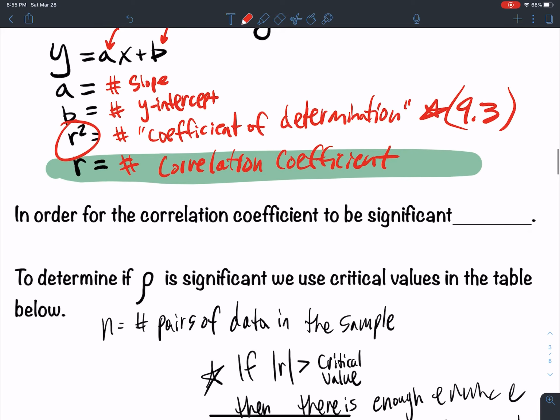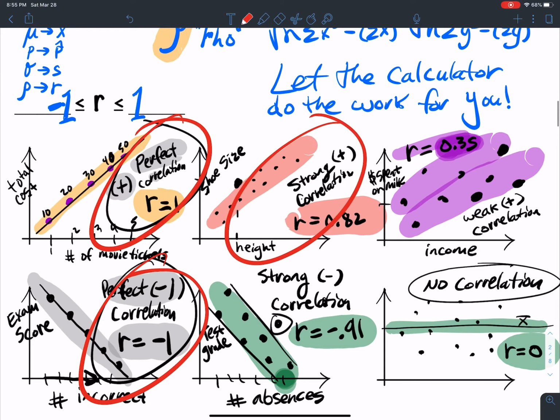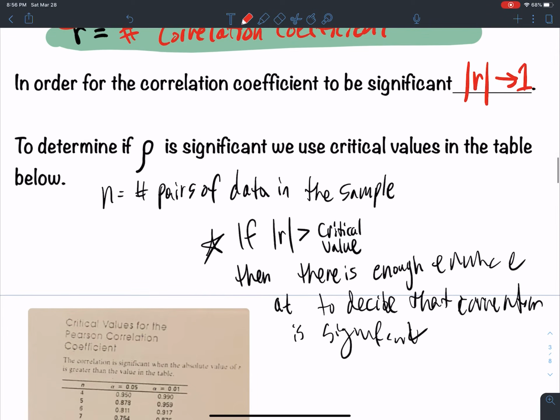In order for a correlation coefficient to be significant, the absolute value of R has to be close to 1. So when I calculate that R, it needs to be close to 1. If we're close to 1, we have some strong relationship, a strong correlation. To determine if rho is significant, we use critical values in the table below.